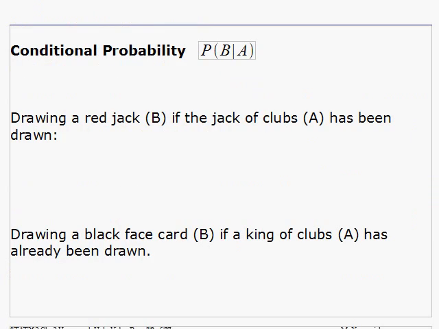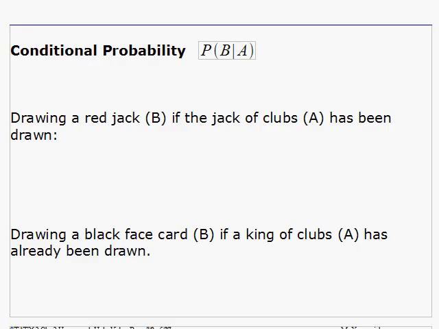We'll look at one more topic in this video lecture, and that's conditional probability, the probability that B occurs given A. So let's do some examples. What is the probability of drawing a red jack, that would be hearts or diamonds, if the jack of clubs has already been drawn?